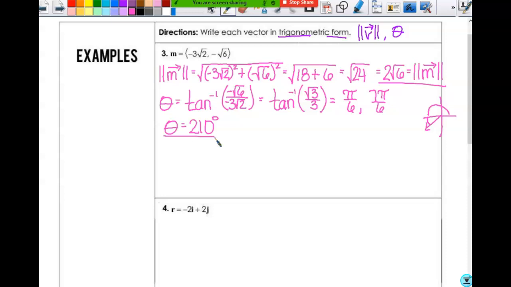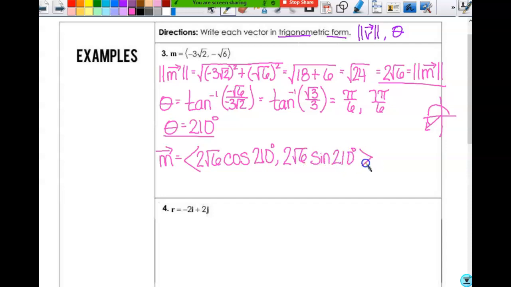So now that I have my magnitude and my angle, I can write this in trigonometric form like I want. So my vector is the magnitude, which is 2 square root of 6, times the cosine of the angle, which is 210 degrees, and then 2 square root of 6 times the sine of 210 degrees.